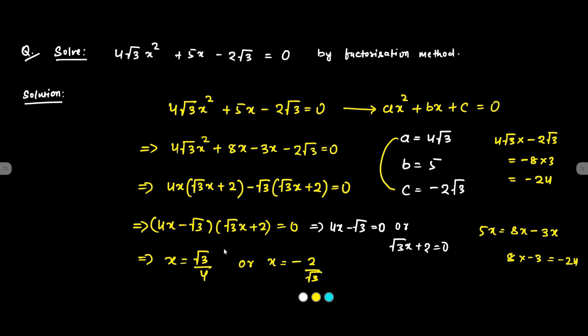So from this we have got x is equal to root 3 by 4, and from this we have got x is equal to minus 2 by root 3.